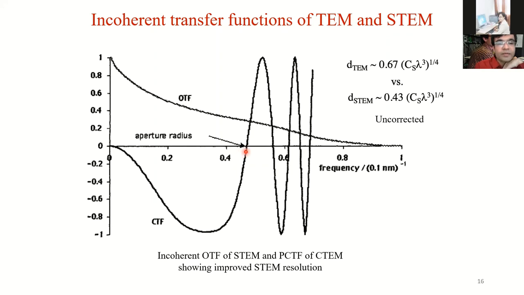If you take the reciprocal of this point, you get the structure image resolution, or you can call it Scherzer resolution. From these transfer functions, it's very clear which one gives you the better resolution. The resolution obtained for STEM is obviously much better than the one obtained in conventional TEM.